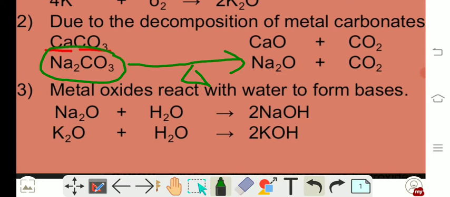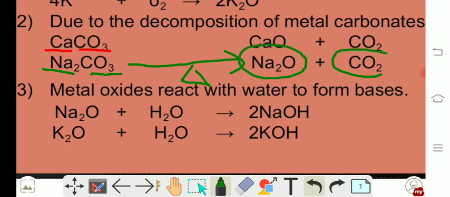Sodium is metal, this CO3 is carbonate, metal carbonate, and when metal carbonate is heated it decomposes into sodium oxide and carbon dioxide. So here our sodium oxide is base. See here how bases are formed. I think you are clear now.